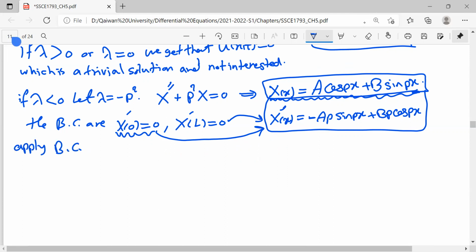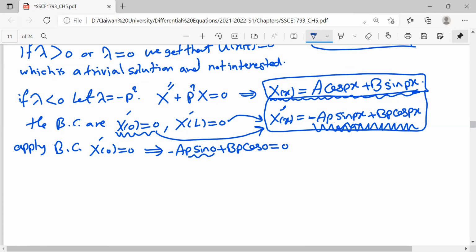Now apply the boundary condition. X prime of 0 is 0. That means we replace each x here by 0 and equal it to 0. If we replace each x by 0, the first term has sine 0, and sine 0 is 0. So minus a p sine 0 plus b p cosine 0 equals 0. This is 0 and this is 1.